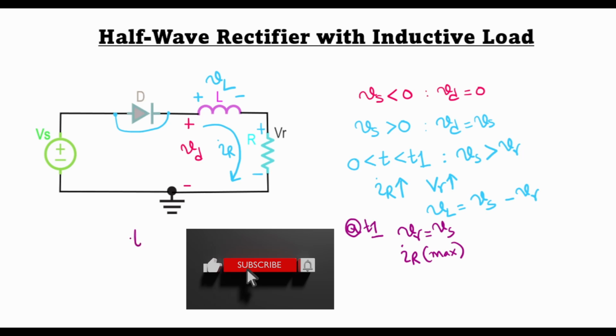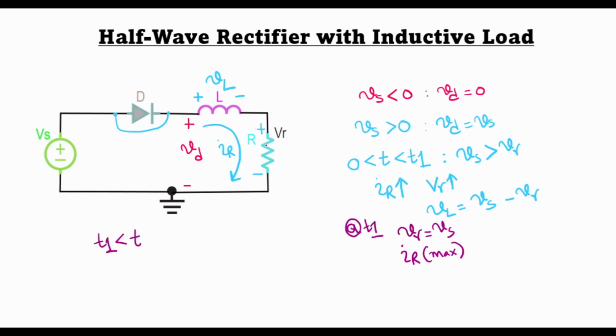For t greater than t1, the voltage VR will be greater than Vs. Therefore, the drop across the inductance VL will be negative. So here VL was positive, so this was greater than 0.